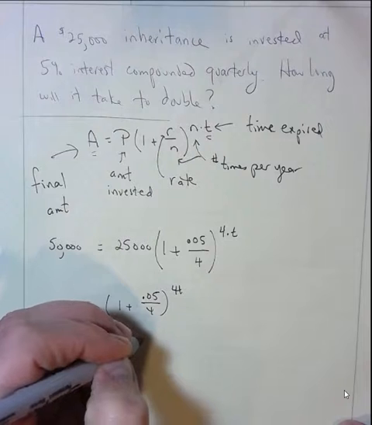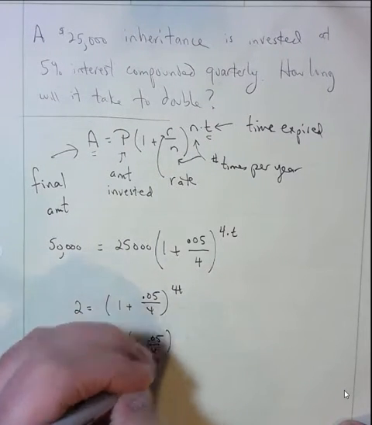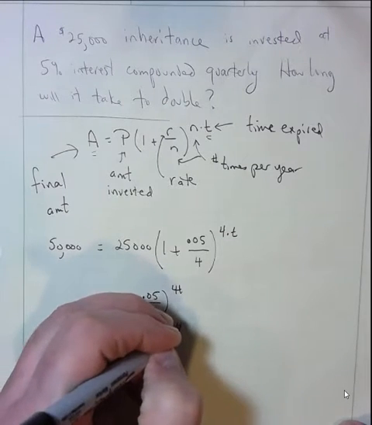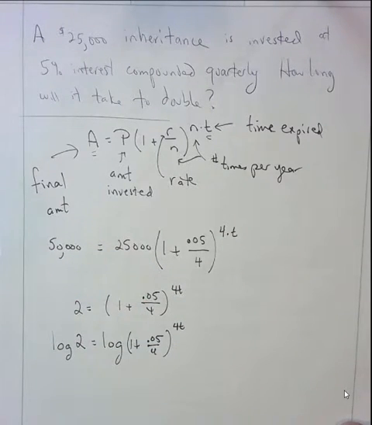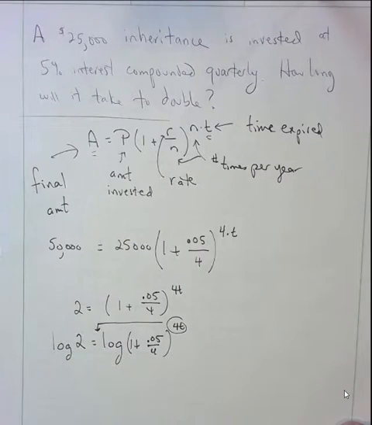Now I don't even know what this 0.05 over 4 is. I'm not going to worry about it just yet. And so now the reason I've taken the log of both sides is that now I'm able to drop this exponent down in front. This is another example of making something look worse before it starts to look better.